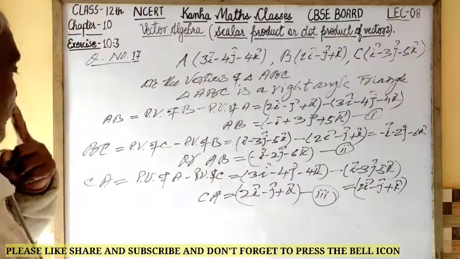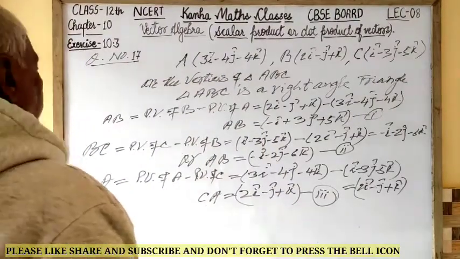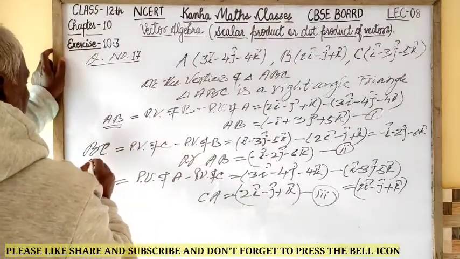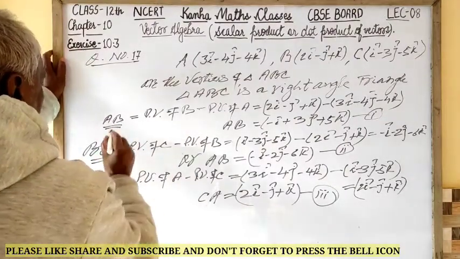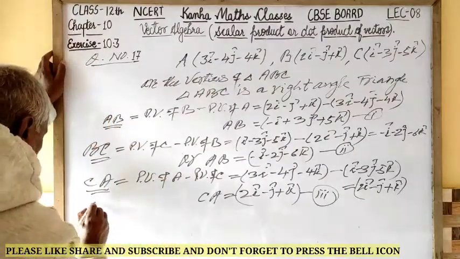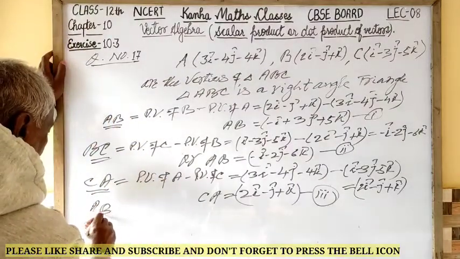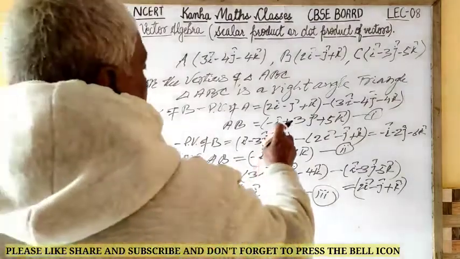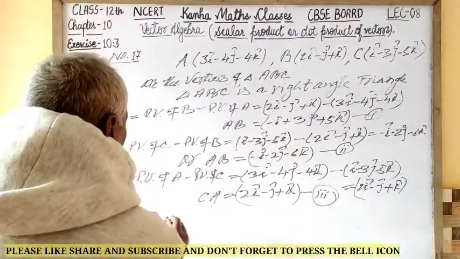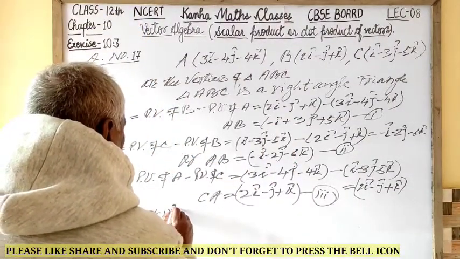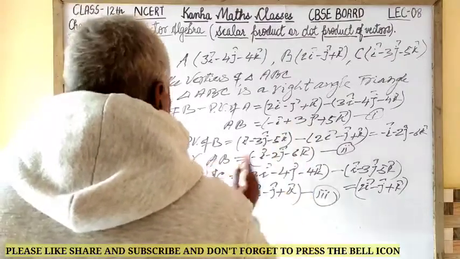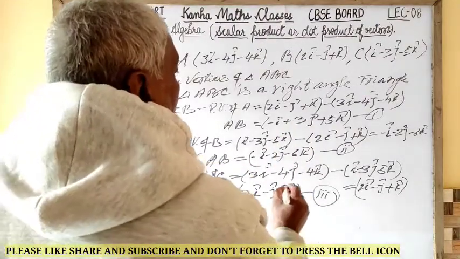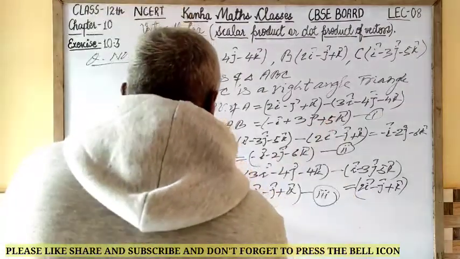Now we will find the squares of the magnitudes of the sides AB, BC and CA. Square of the magnitude of AB means minus 1 square plus 3 square plus 5 square.